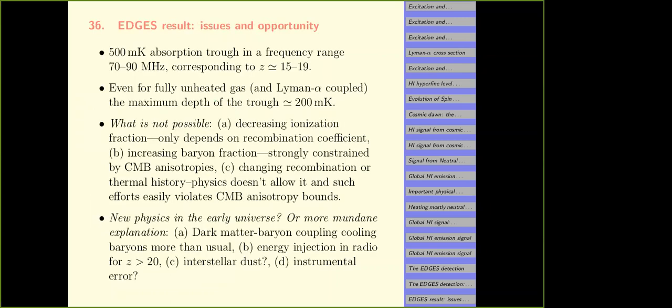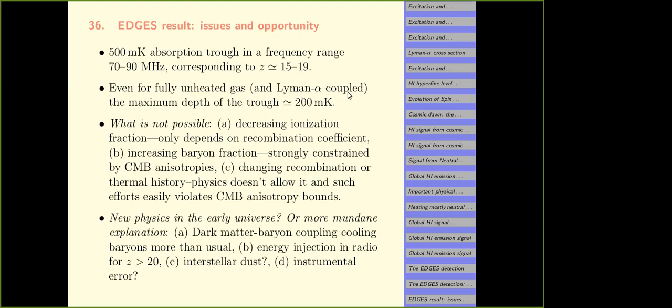Before I come to models, I will just summarize it and we'll come to models later on. So this is a 500 millikelvin absorption trough in a frequency range 70 to 90 megahertz, corresponding roughly to a redshift of 15 to 19. It is completely unexpected, because we could not have got this kind of an absorption trough even for a fully unheated gas and Lyman alpha coupled gas.